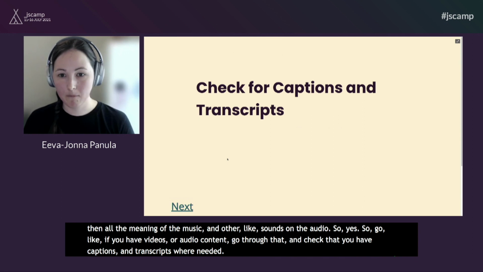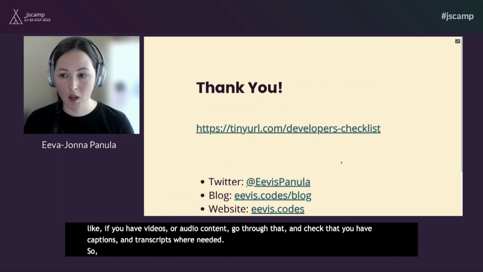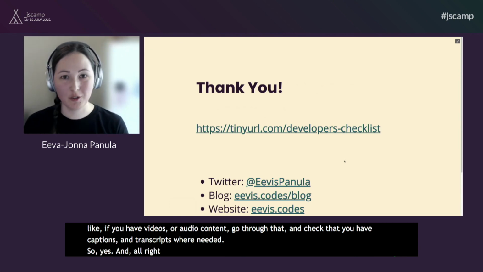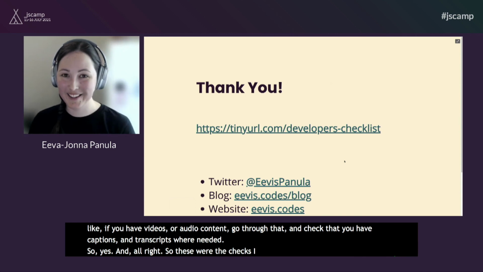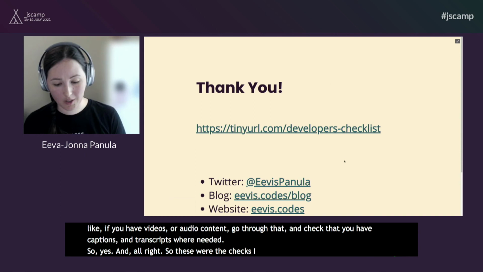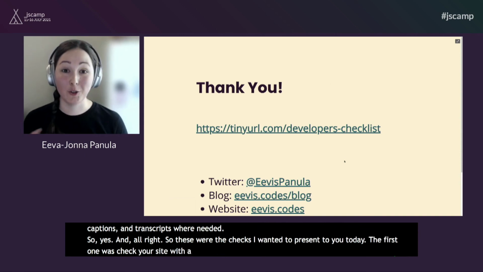So yeah, all right, these were the checks I wanted to present to you today. The first one was to check your site with the keyboard and try using everything with keyboard only without the mouse.